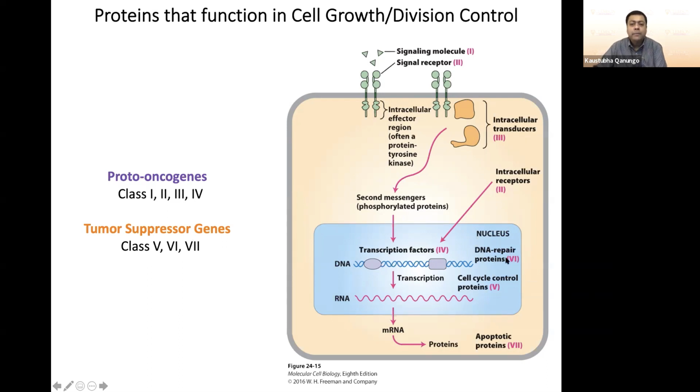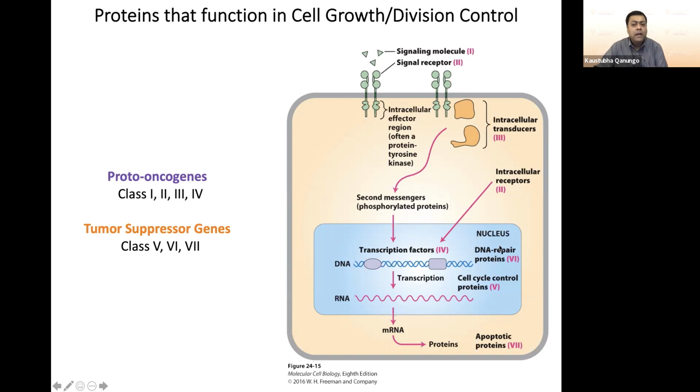The DNA repair proteins directly are not involved in cell division or cell growth. But think about that while your DNA polymerase is replicating your DNA in the synthesis phase in the cell, it may make mistakes or mutations. So these DNA repair proteins will repair those mutations. These have exonuclease activity. They will repair those so that there is no damage in the DNA.